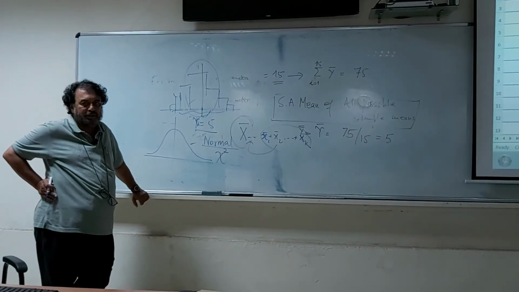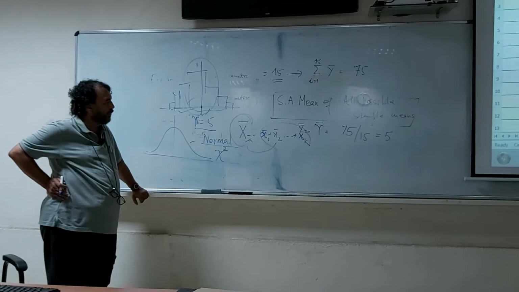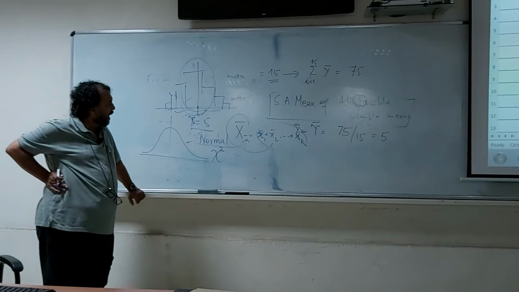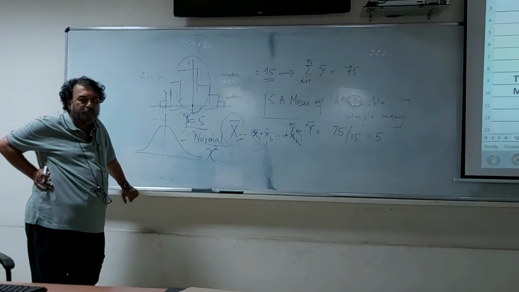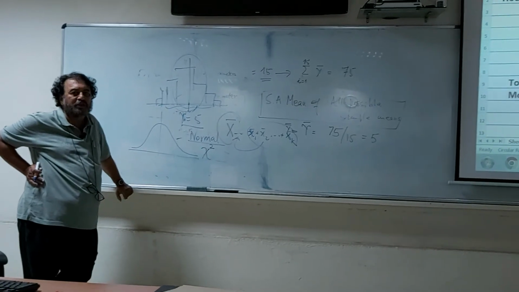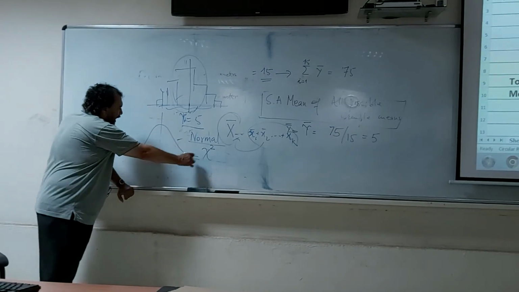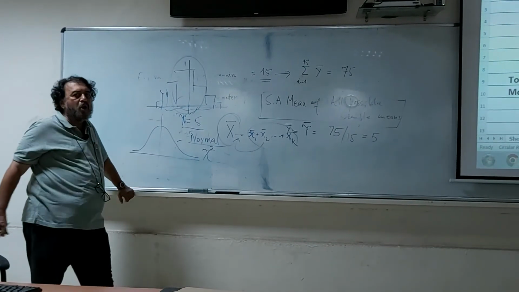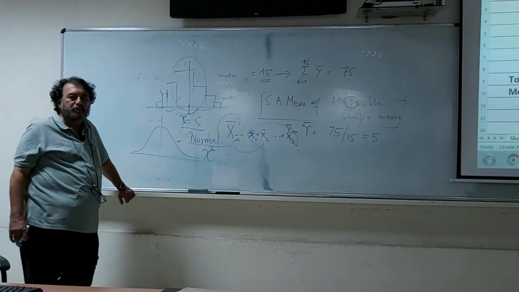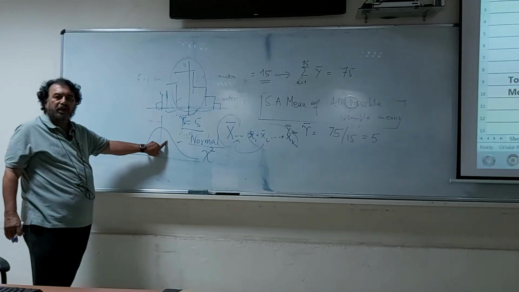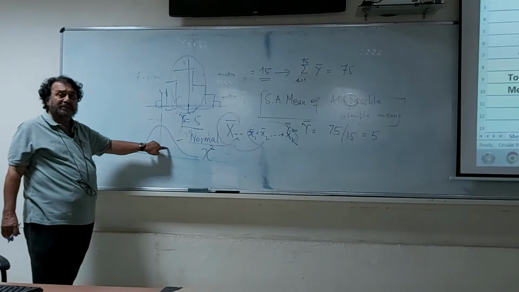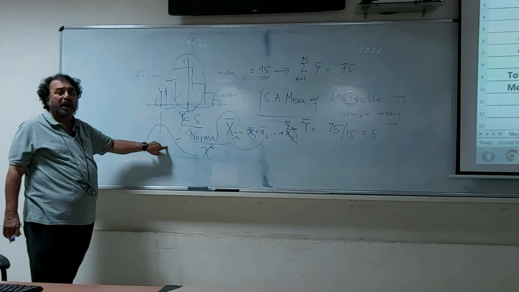Take any population and define a sample size of a reasonable magnitude, and keep on taking repeated samples and define the arithmetic mean for each sample. Then you will always find that approximately the spread of the frequency distribution of all sample means will be around the population mean in this kind of a shape.